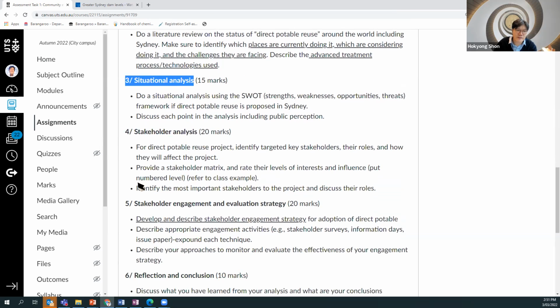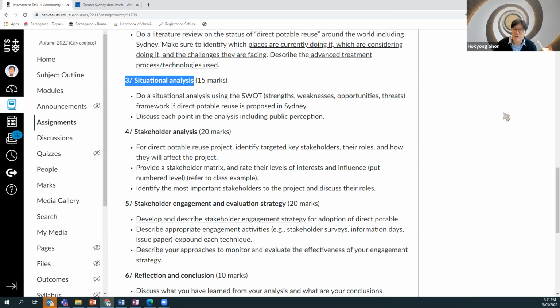Also stakeholders. So for the direct potable use project, identify targeted key stakeholders. So who would be the targeted stakeholders? It could be Sydney Water, City Council, water treatment companies, water quality companies, or some of the internet monitoring companies.